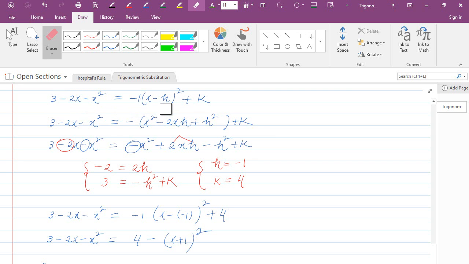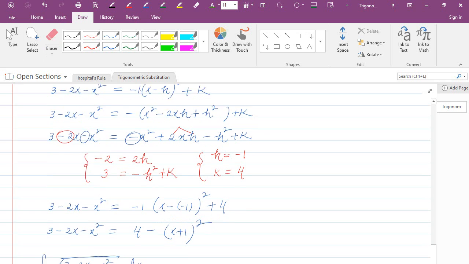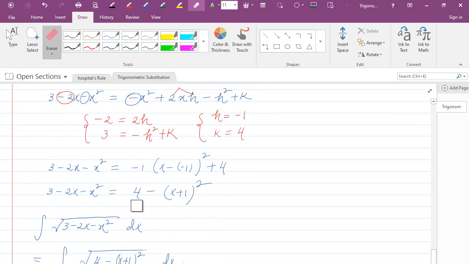We found h to be -1. So if I plug in -1 here, I'm going to get x plus 1. And if I plug in 4, I'm going to get a 4. So at the end, what I'm getting is this quadratic is -1 times x plus 1 squared plus 4, which I'm going to rewrite as 4 minus x plus 1 squared.